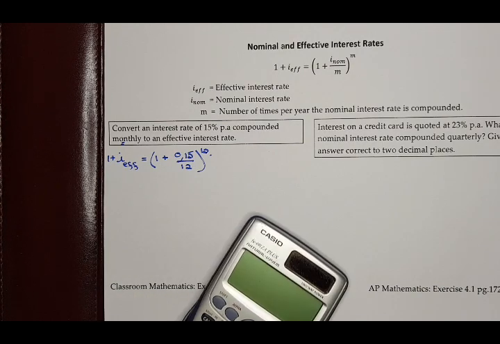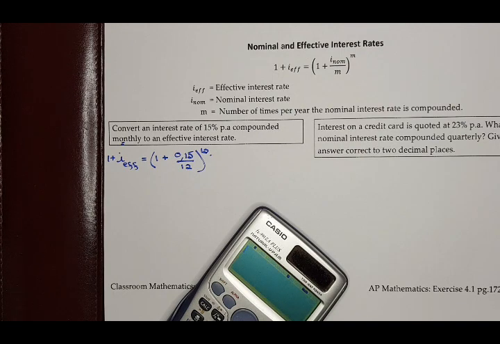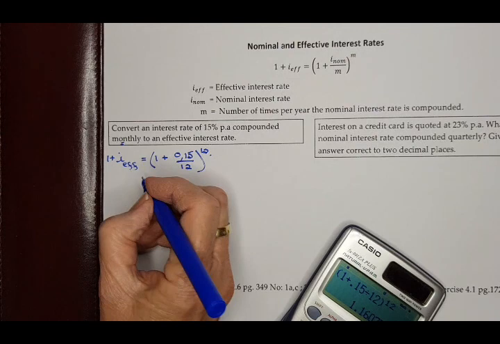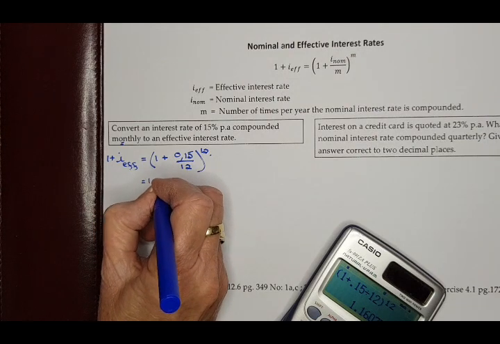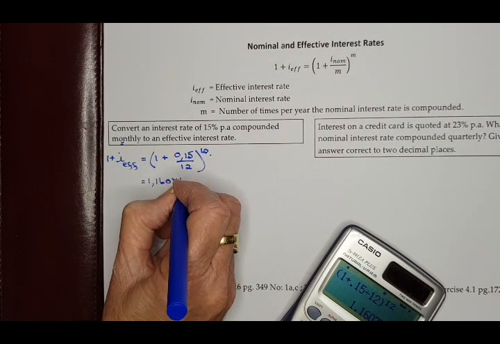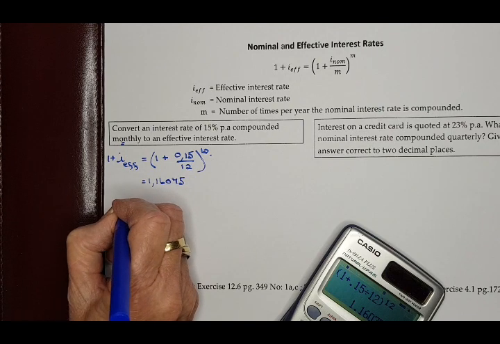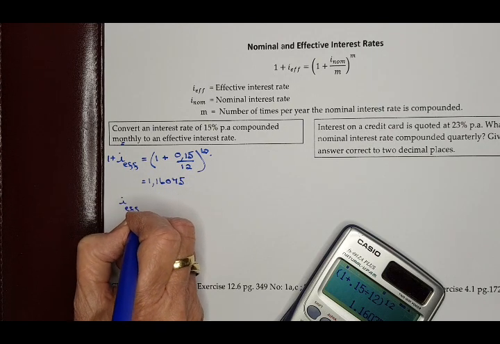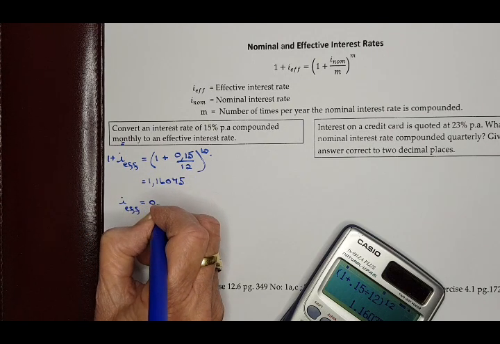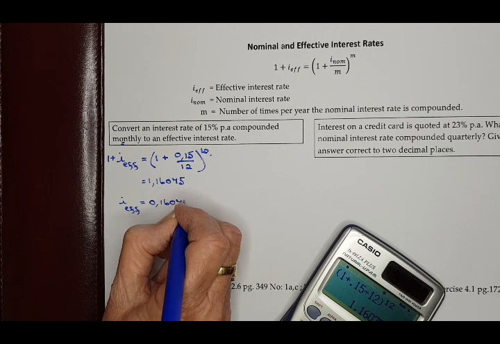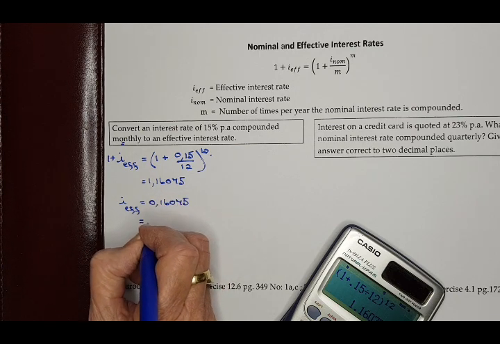Okay, so when I work that out, 1 plus 0.15 divided by 12, all raised to the power of 12, is equal to 1,16075. My effective interest rate is just going to be 0,16075.